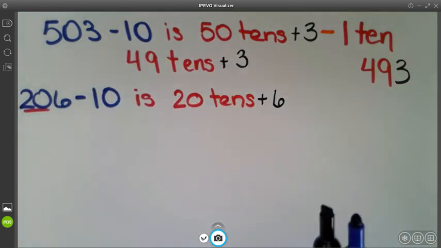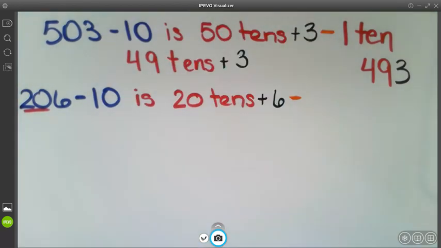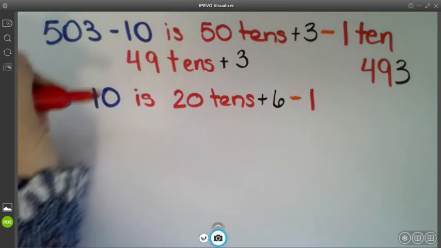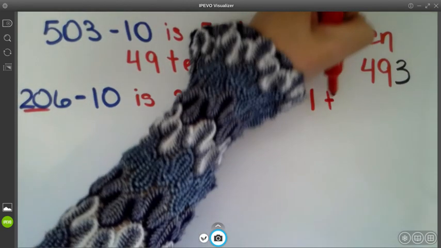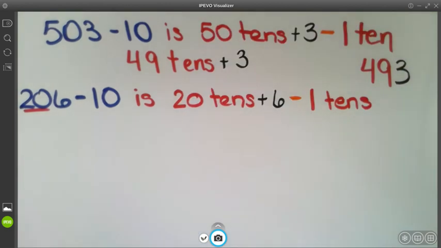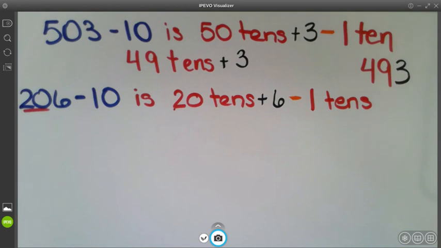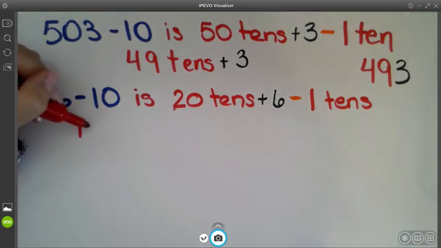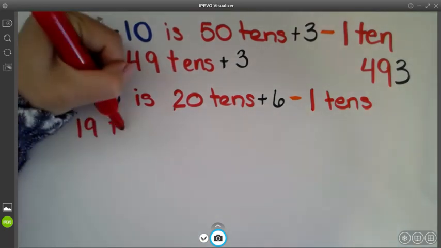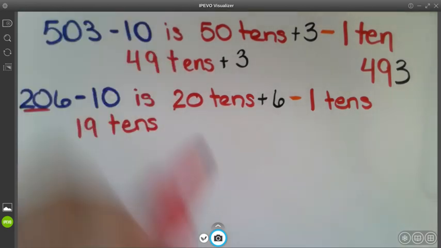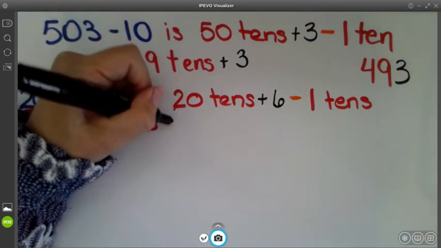Now, because we're subtracting, we're going to be minusing 110 from that 20 tens, which is going to leave us, so now we have 20 and we're going to take away 1, which is 19 tens plus that 6.